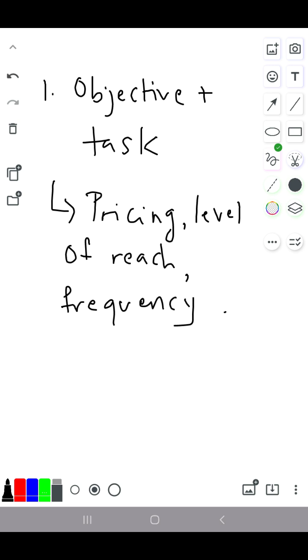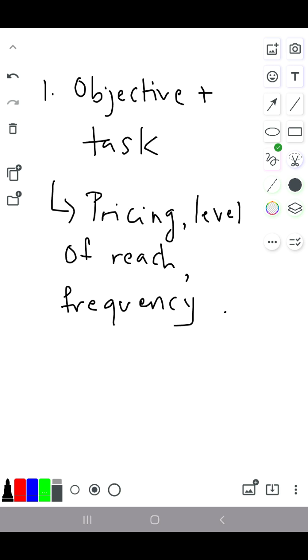This has to do with objective and task. First you have to price whatever task you need to accomplish the objective. Then you have to figure out the market size, the number of consumers you want to deliver your message to or offer promotions to. And next you have to figure out the frequency, the number of times the consumer will see the message, will see your promotion.